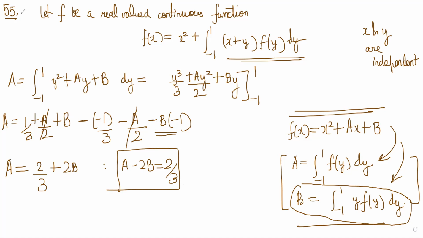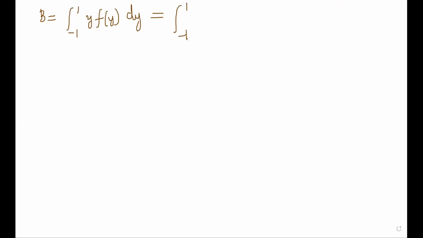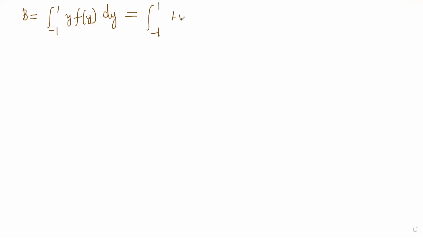So we have b is equal to the integral from -1 to 1 of y f(y) dy, which is equal to the integral from -1 to 1 of y times (y square plus ay plus b), that is ay square plus by plus y cube, dy.